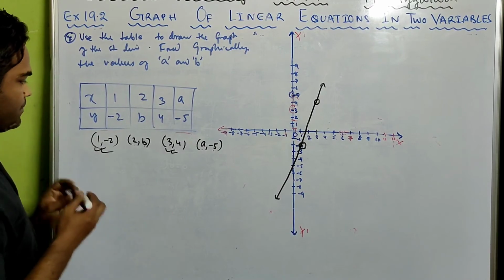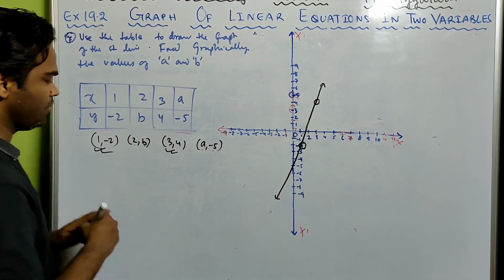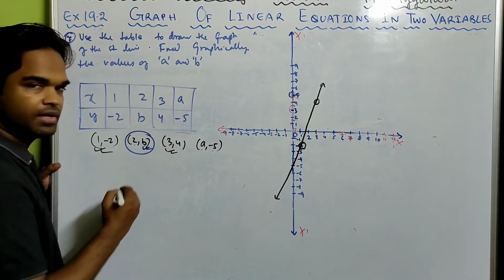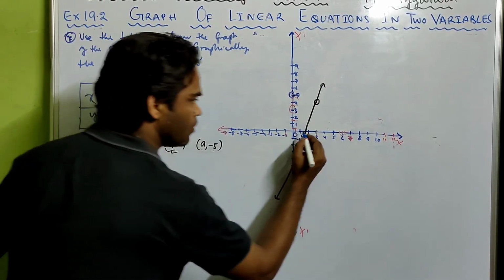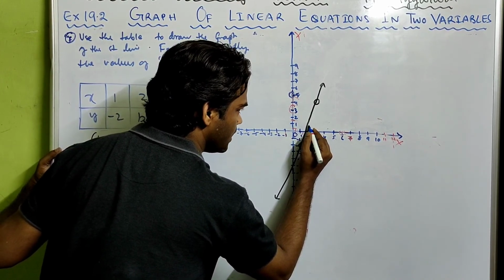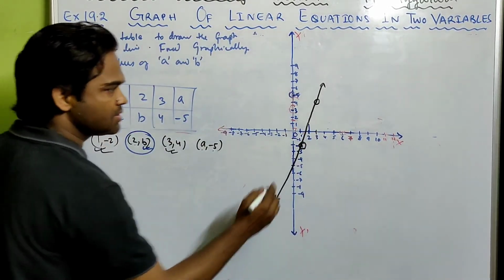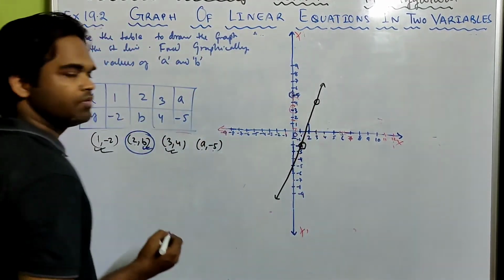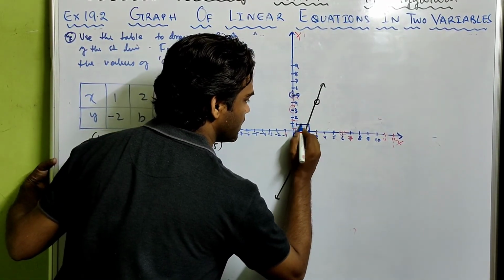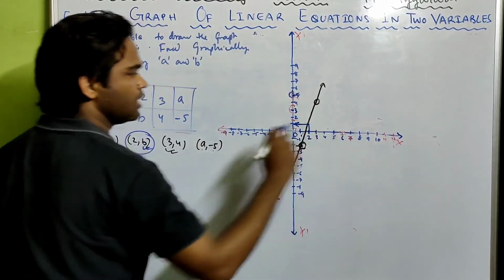Now they are asking, see, they are given the value of x as 2. So what will be the value of y, the ordinate, for abscissa 2? We'll draw a line parallel to the y-axis, and it meets your given line over here. From here, we'll draw a parallel line to the x-axis.